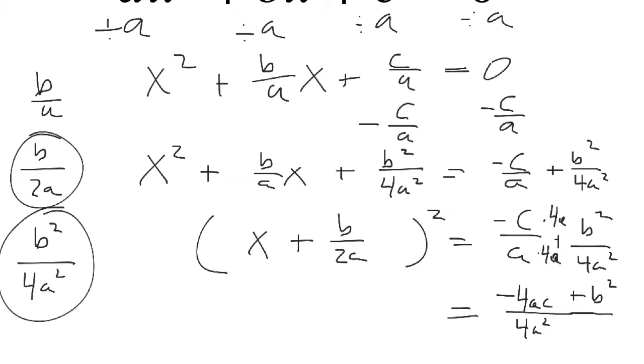You get negative 4ac on the top and b squared also, which I can't combine any further, but they're in the same fraction at least. And that's all equal to the quantity x plus b over 2a squared. Just recopying.